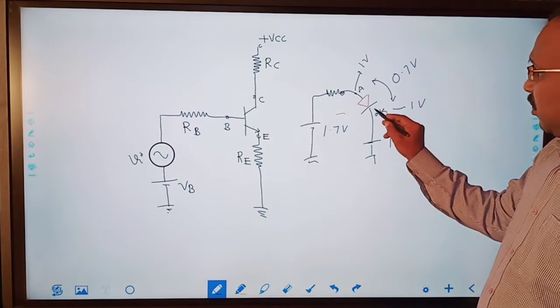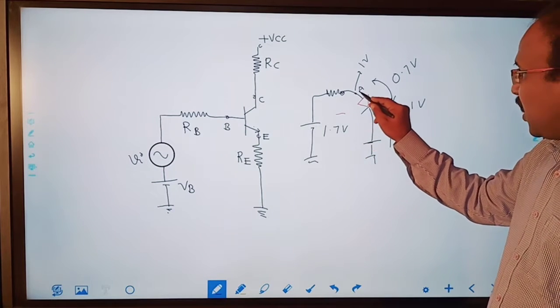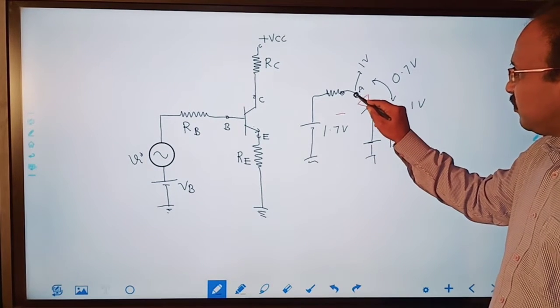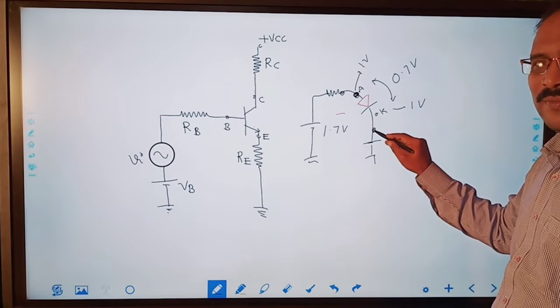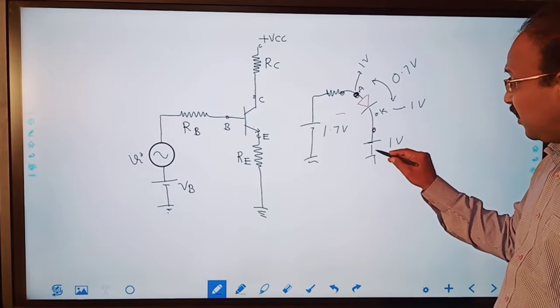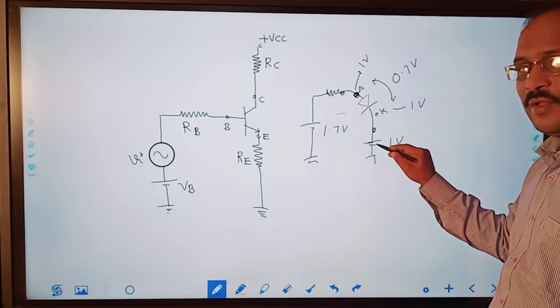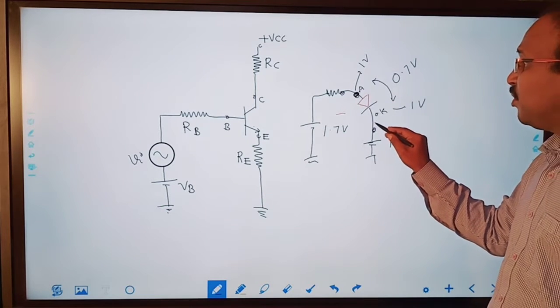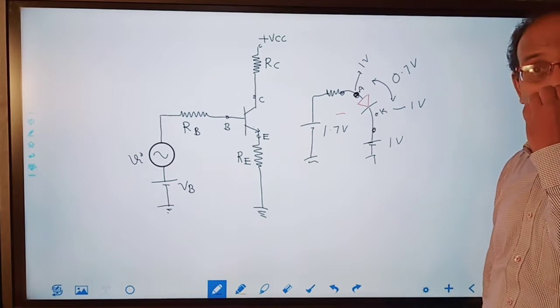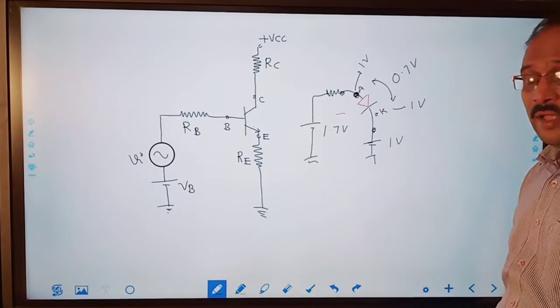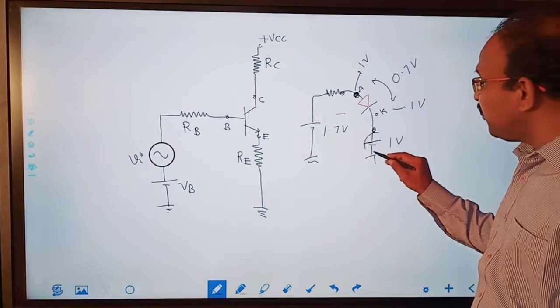So you can judge this. The anode voltage must be 0.7 volt greater than the cathode voltage. If the cathode is at some voltage, then the anode voltage must be 0.7 volt greater than the cathode voltage for conduction.